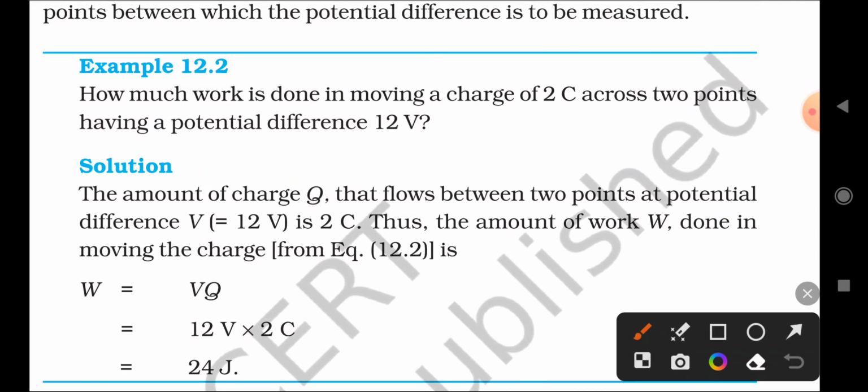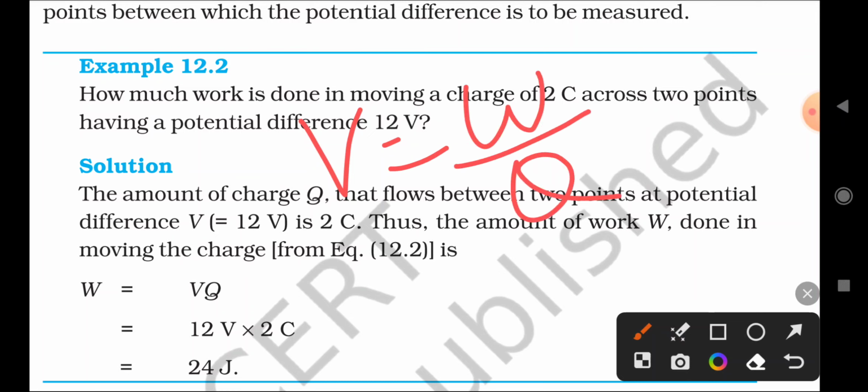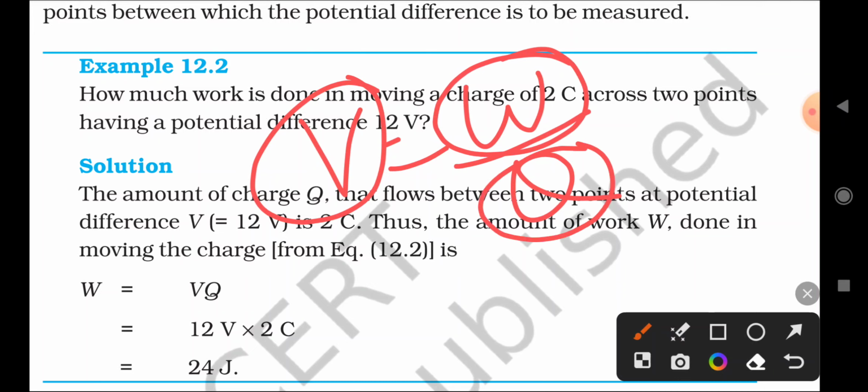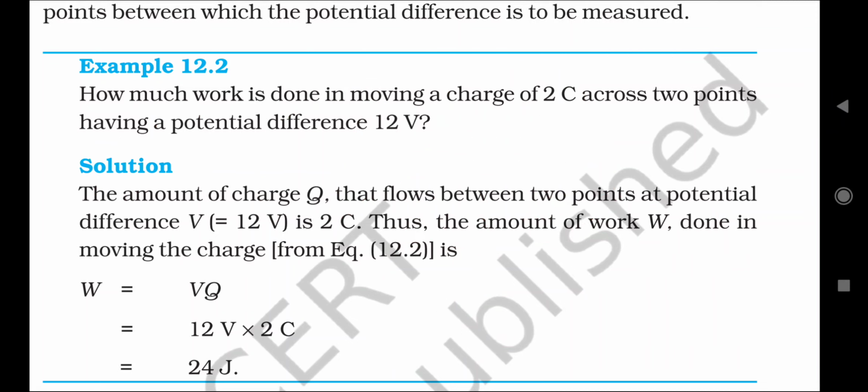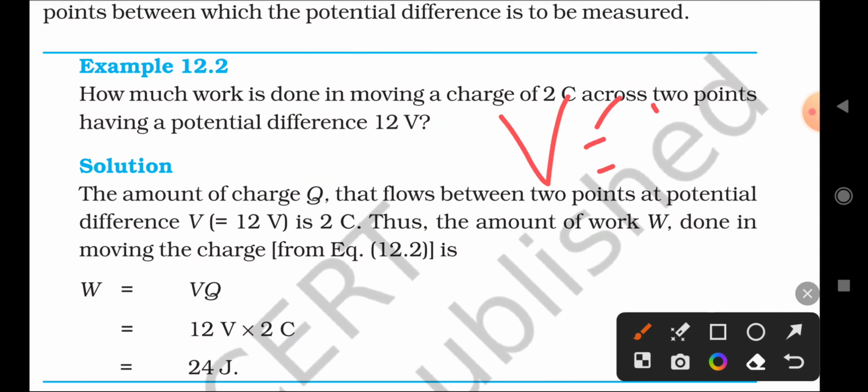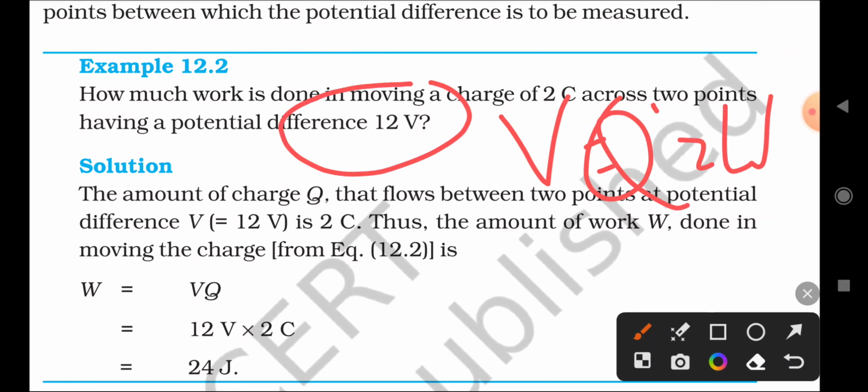So already we know what the formula is. V is equal to W by Q is the formula, right? Now we know the potential difference, and we don't know W, but we know the charge. So we can shift this Q here, and it becomes V into Q. So now the formula becomes W is equal to V into Q, because the potential difference is given as 12 volt in the question and Q is given as 2 coulomb.